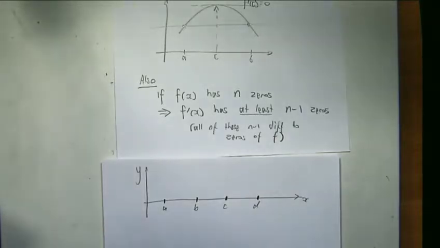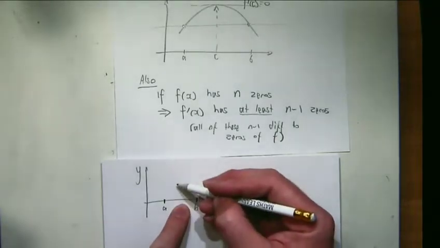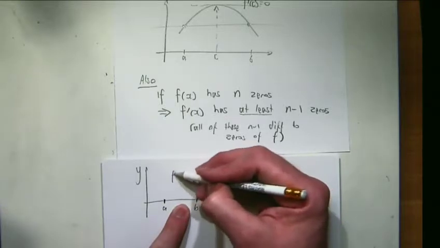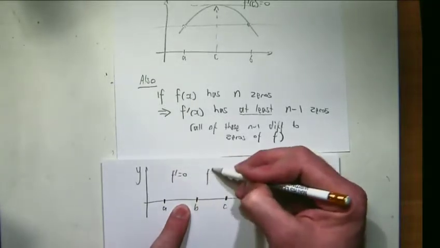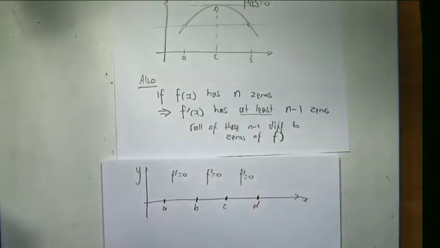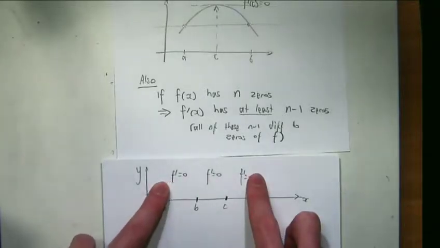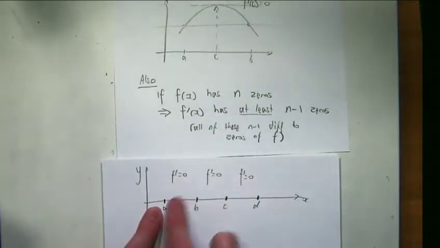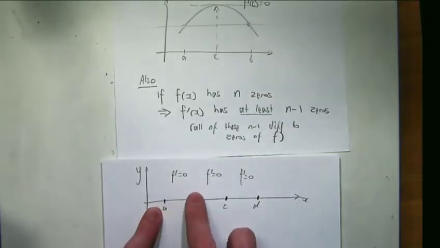Rolle's theorem says that there has to be a 0 of the derivative somewhere in here, there has to be one here, there has to be one here. But Rolle's theorem doesn't say how many there are in between here and here, so there could actually be more. So f has 4 zeros, and f dashed has at least 3, but Rolle's theorem doesn't guarantee that there's exactly one here. There could be like 15 in here and we wouldn't know.